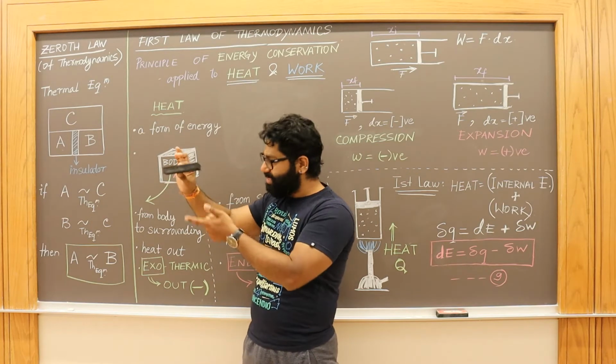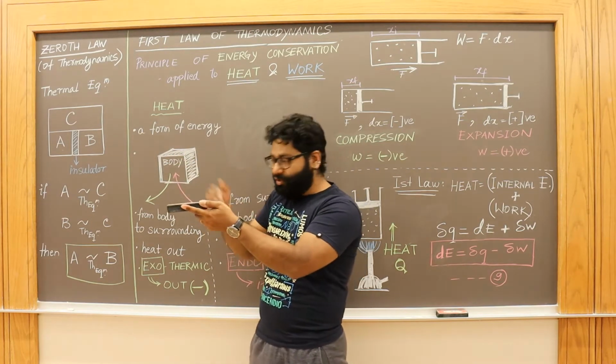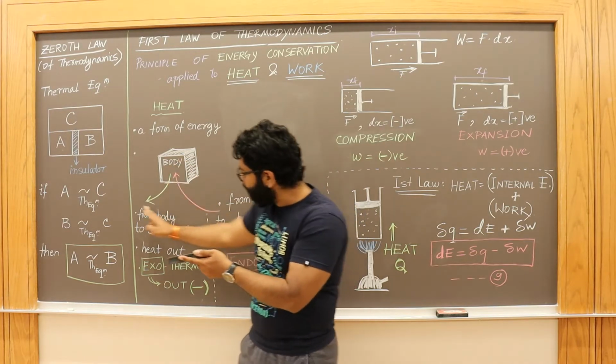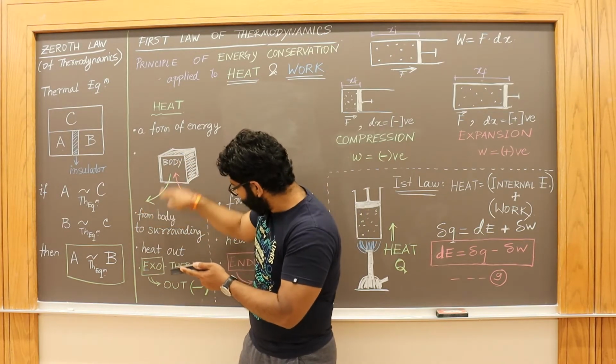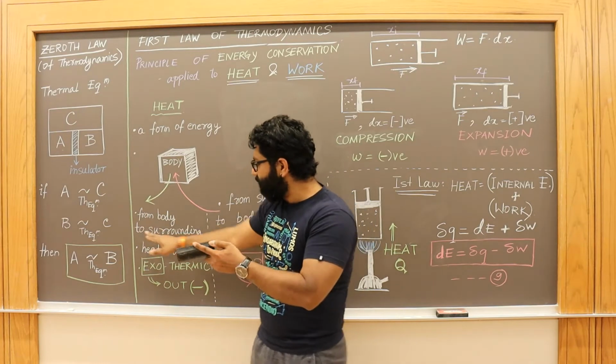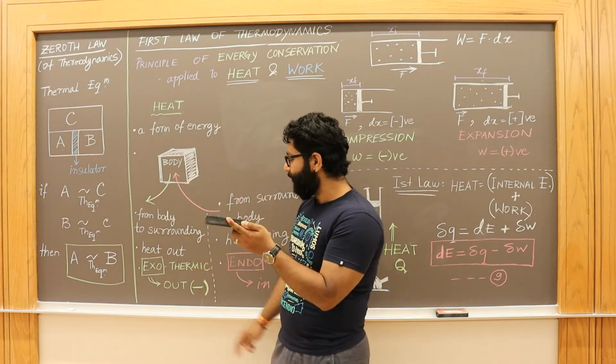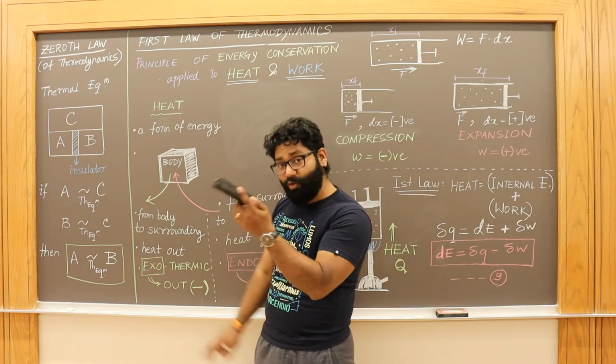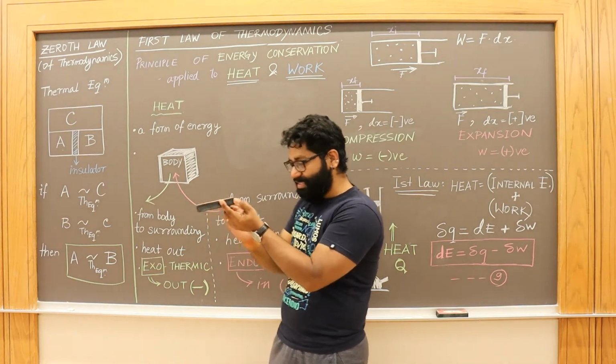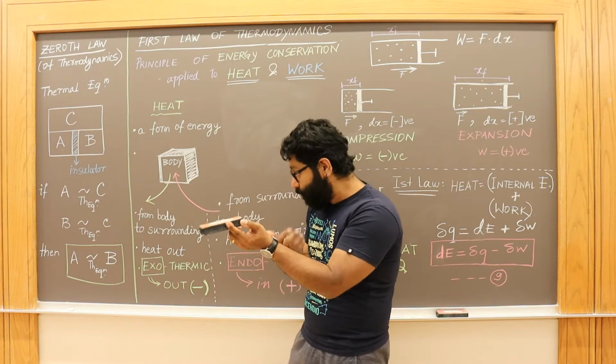So heat from this duster is getting into your body. So when heat is flowing from the body to you, shown by this green arrow, from the body to the surrounding, the body being this duster, the surrounding being you, the heat is coming out and you feel hot, right? Because of this heat coming inside your body.